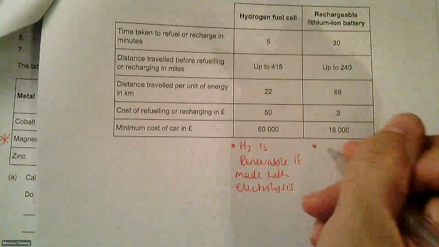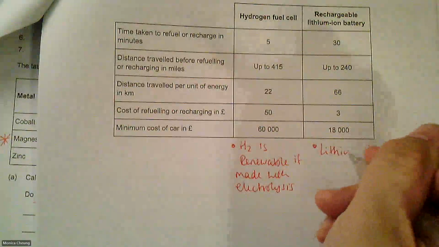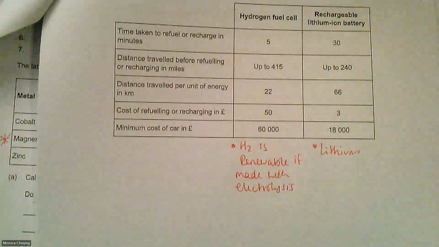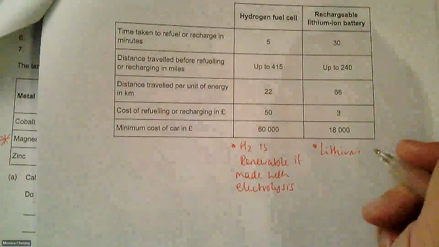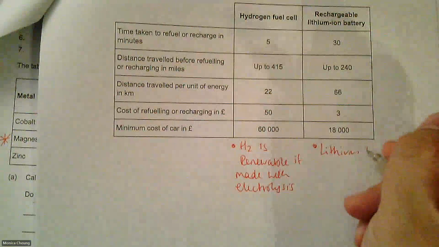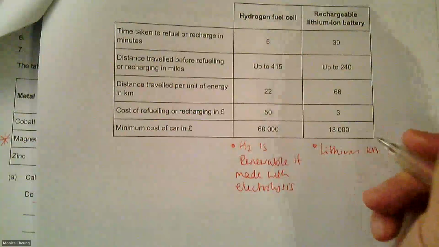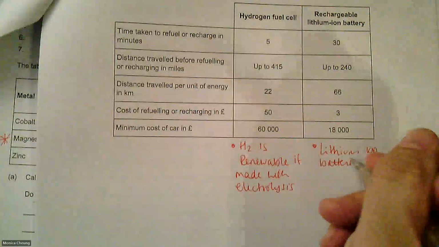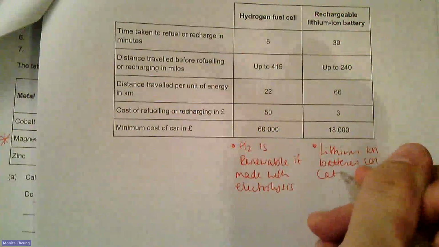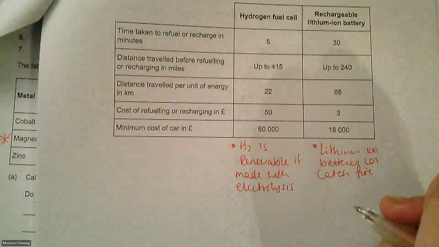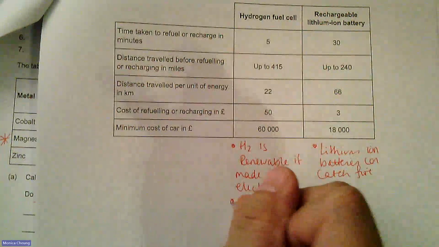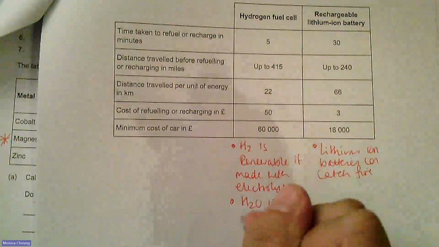Lithium ion batteries can catch fire. Of hydrogen fuel cells, water is produced, so H2O is produced.